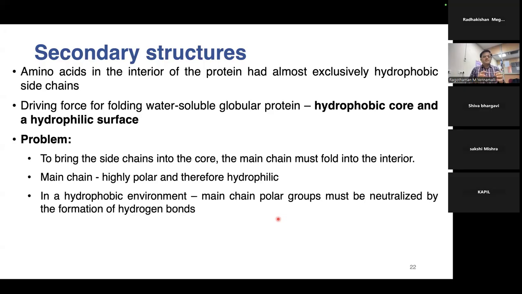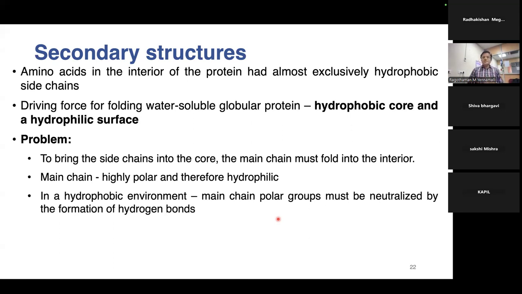And what happens is when you have a primary sequence, it will collapse and start forming a globular structure, a structure where you have a hydrophobic core where there are no water molecules, and on the surface you have all the residues that are hydrophilic in nature.